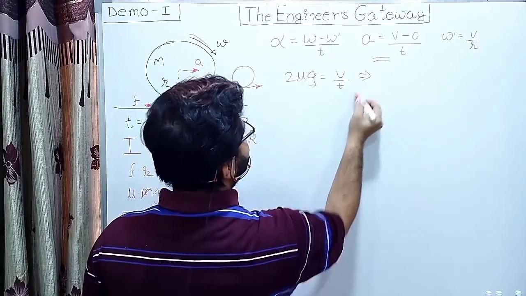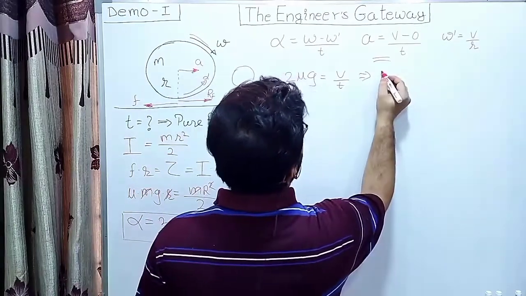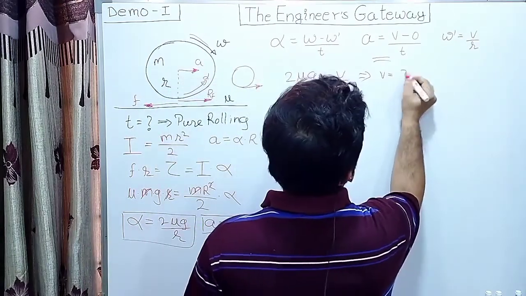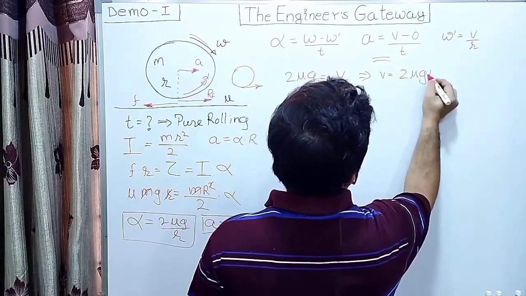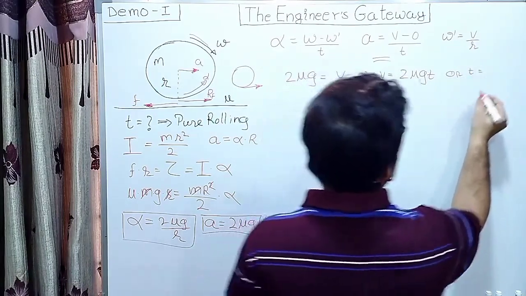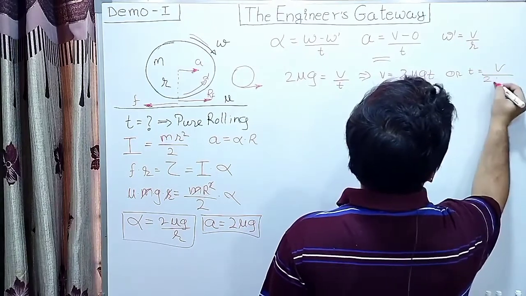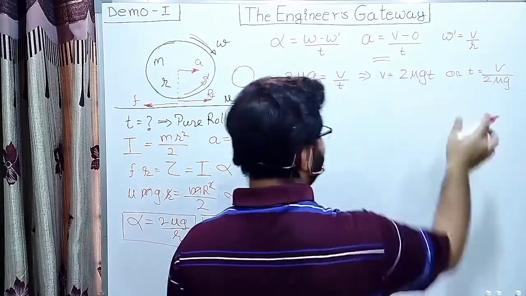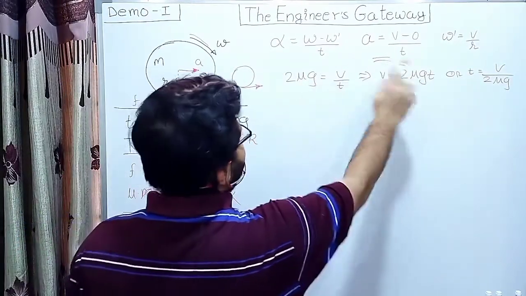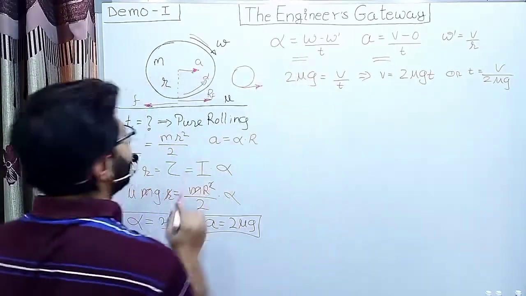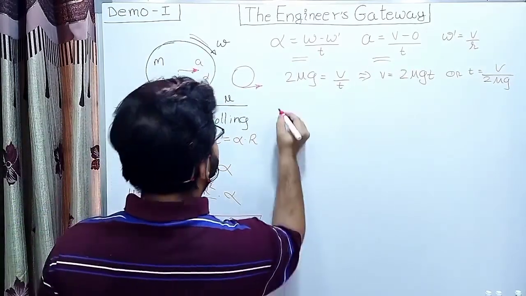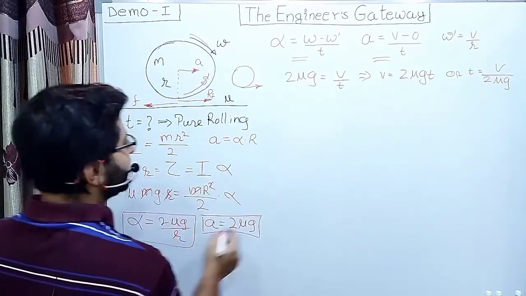This gives us v is equal to 2 mu g into t, or t is equal to v by 2 mu g. And in the other equation, if I replace alpha and omega dash by 2 mu g by r and v by r, we get 2 mu g by r into t is equal to omega minus v by r.